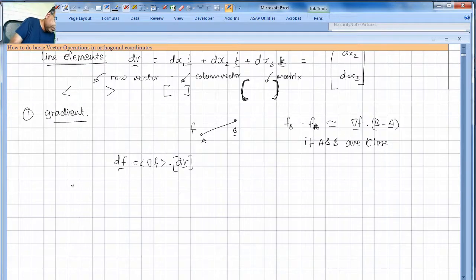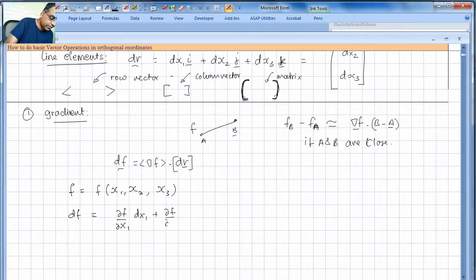So let's see. Suppose I give you f equal to f of x1, x2, x3. So what's df? You know how to do this, right? This is just chain rule. So that will give df dx1 dx1 plus df dx2 dx2 plus df dx3 dx3.